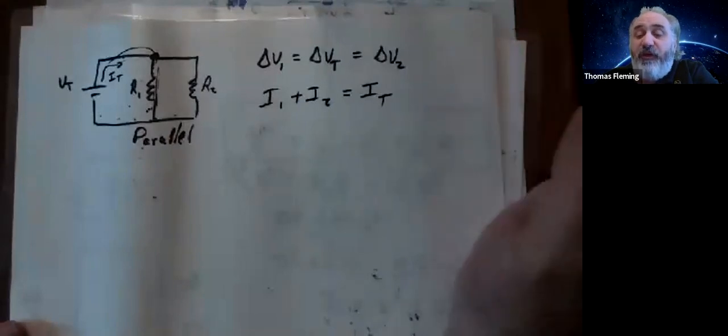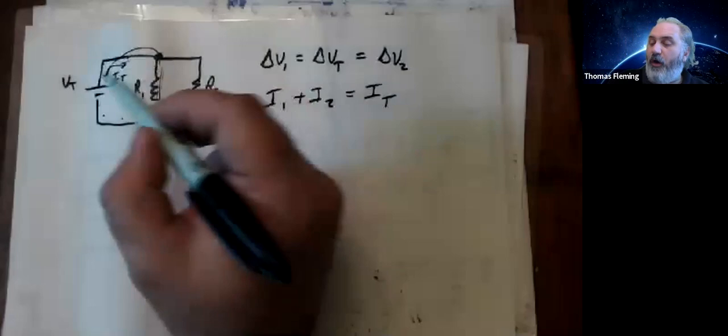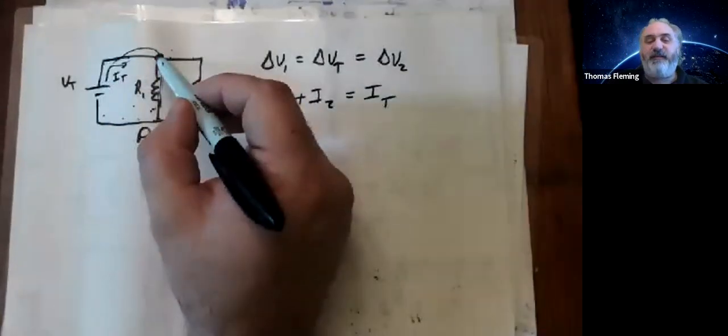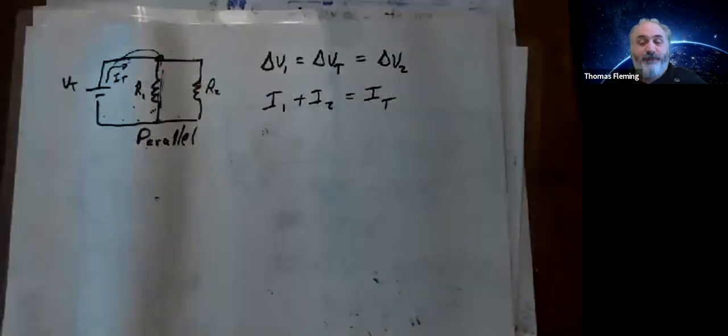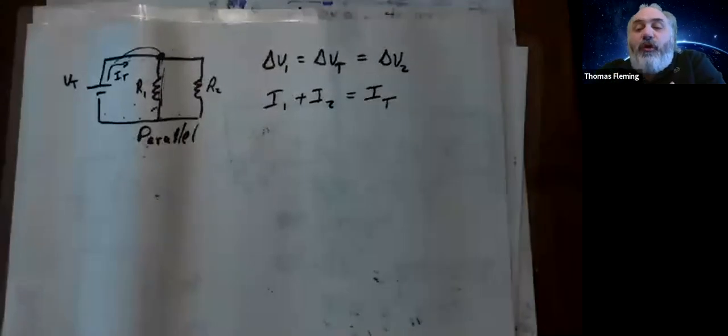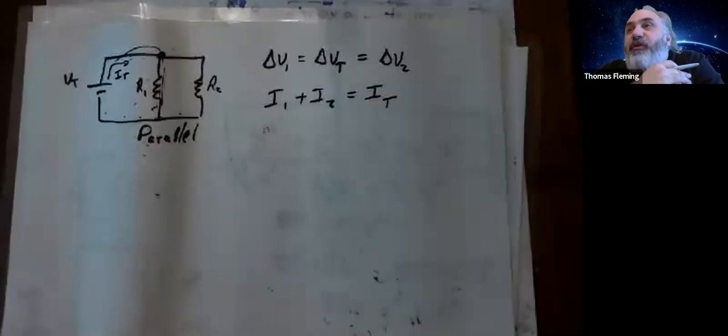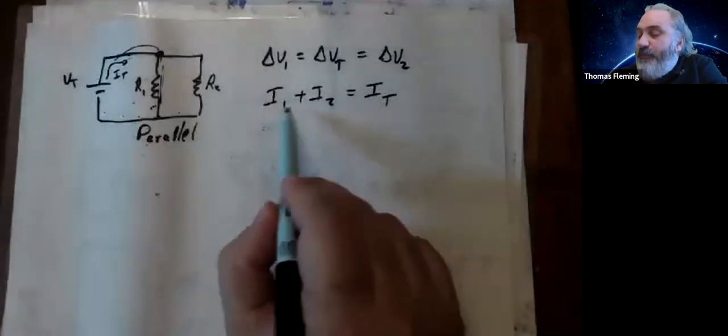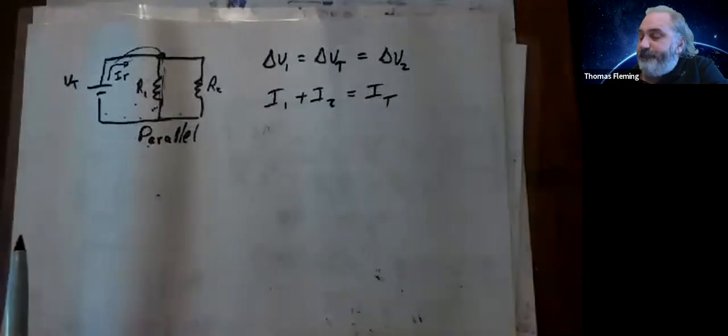If it doesn't, then it means that you had some current come out of the battery, get to that intersection, and vanish. And that cannot happen, right? Charge is conserved. The electrons don't just disappear. And that tells me that these currents better add up to that current.